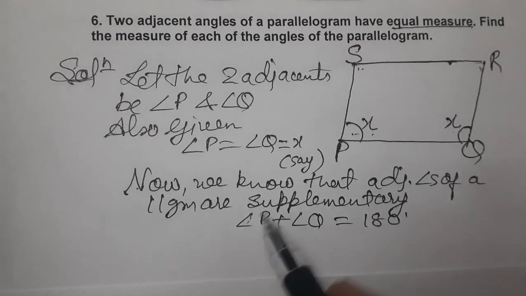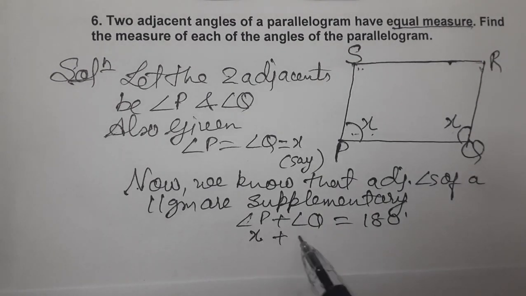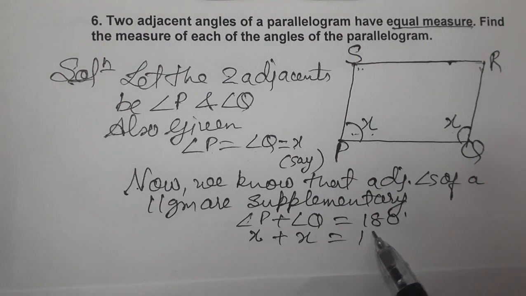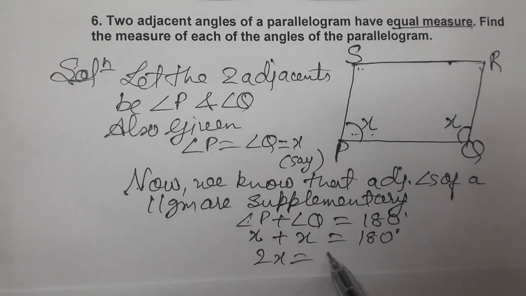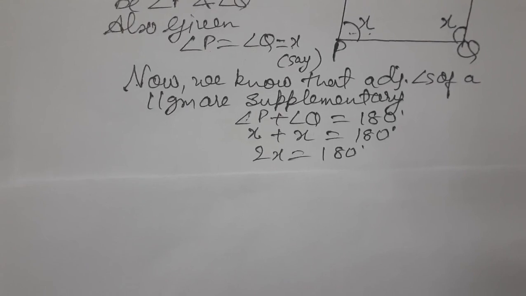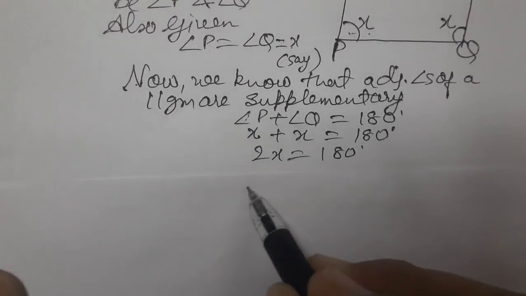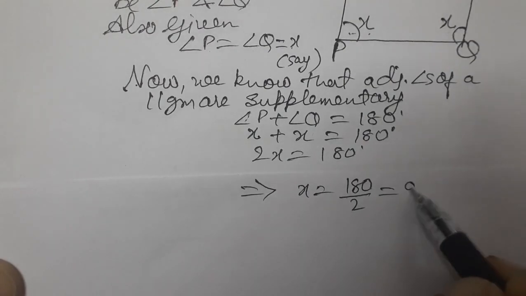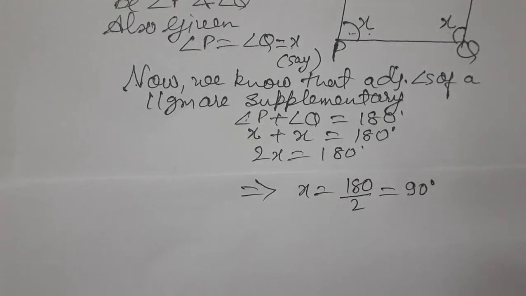These two adjacent angles are supplementary. P is x. Q is also x. P and Q both are x. 2x equals 180 degrees. It implies x equals 180 by 2 equals 90 degrees.